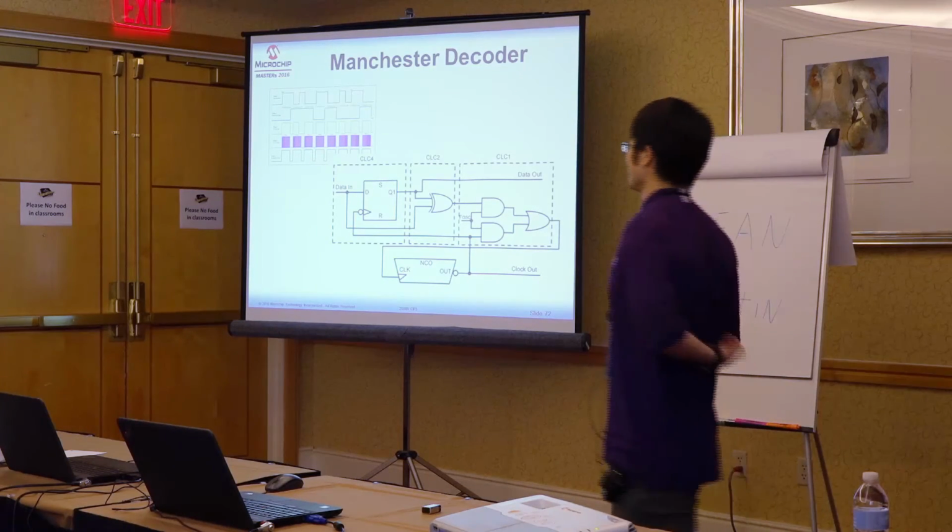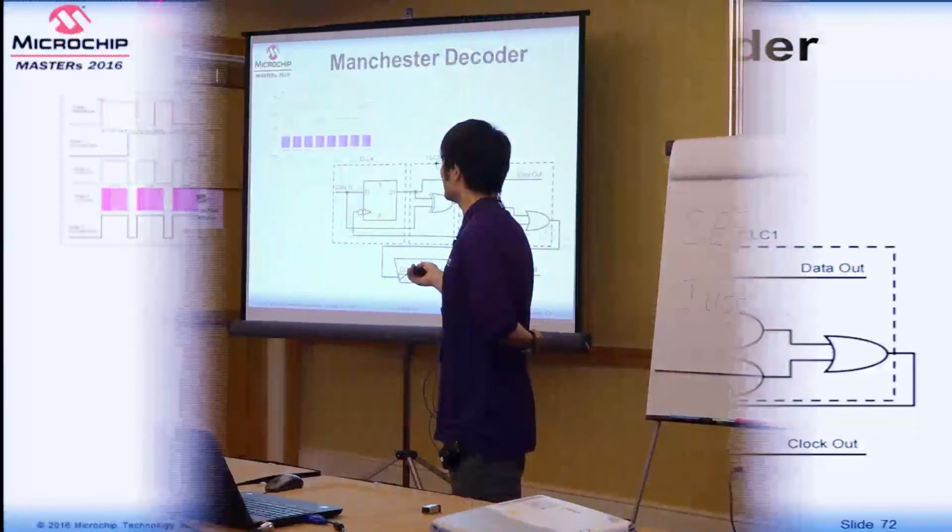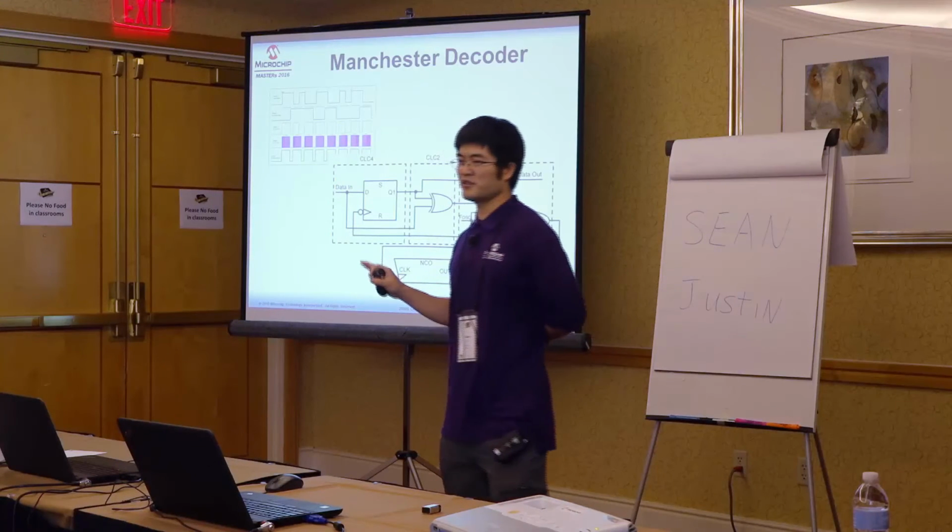So again, as we mentioned before, when we do data out, which is pretty simple, I have my data in, my output data, it will just be based on sampling at 3/4 of my bit time. So if I configure this clock correctly, then the data out is just trivial, right?